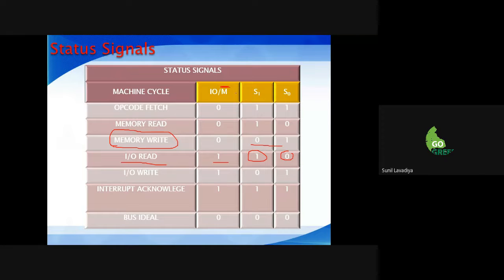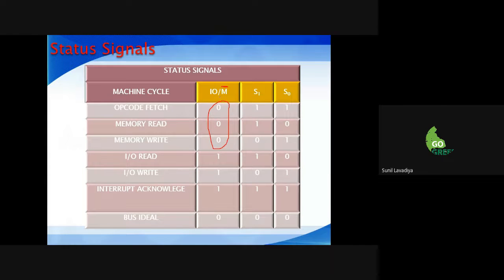One thing that you have to remember right now: always check in your program whether it is related to memory part. Then without thinking, you consider it as 0. If your operation is related to memory part, then you have to make IO/M bar 0. Because memory 0 means memory bar becomes 1, so memory bar is activated.